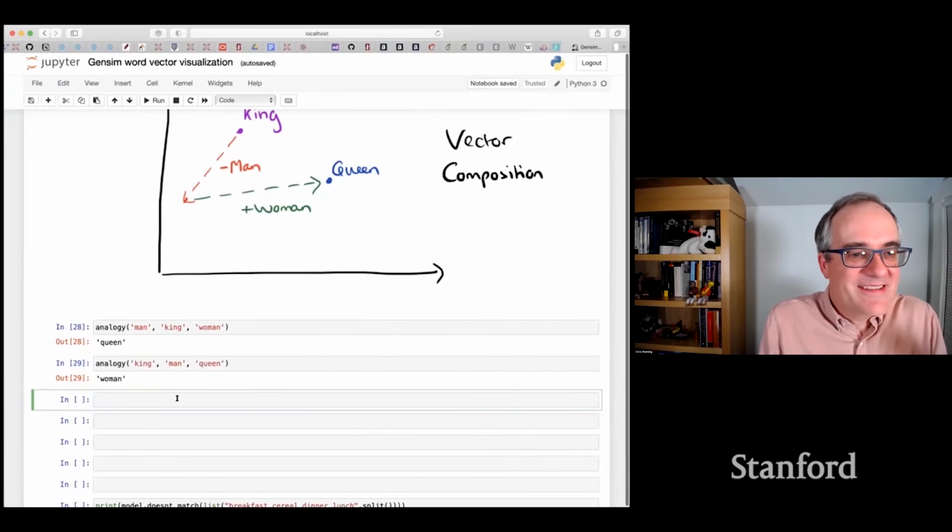But it actually turns out, it's not perfect, but you can do all sorts of fun analogies with this and they actually work. Here's a good one: Australia is to beer as France is to what?